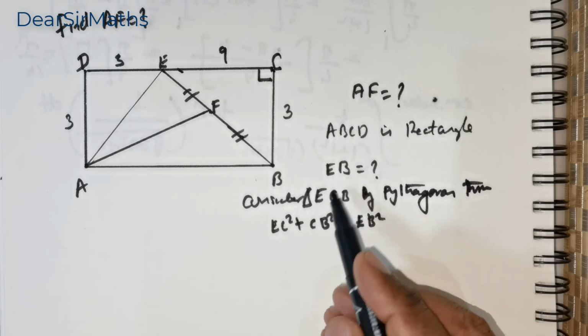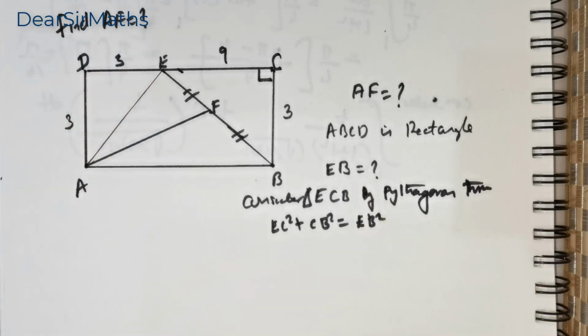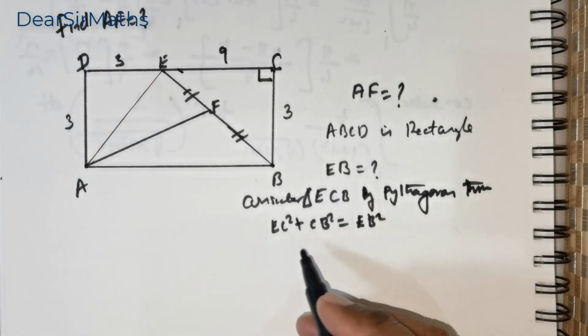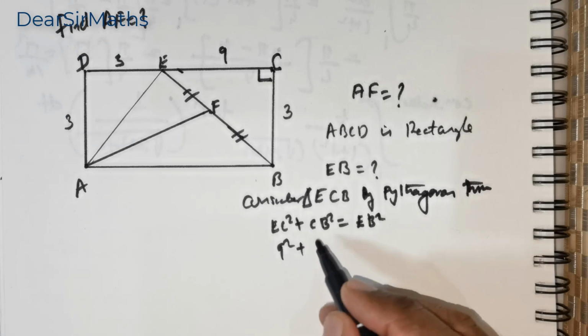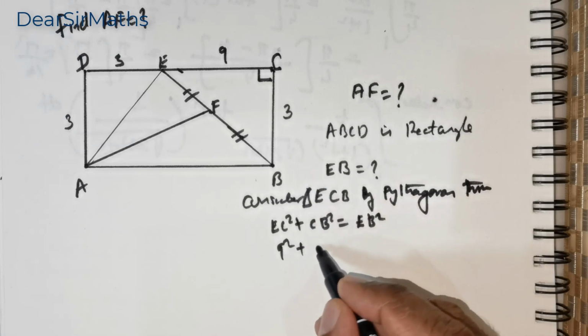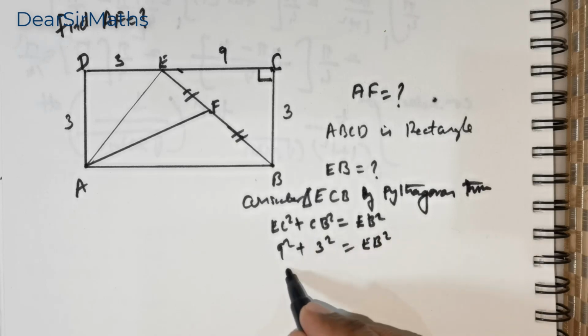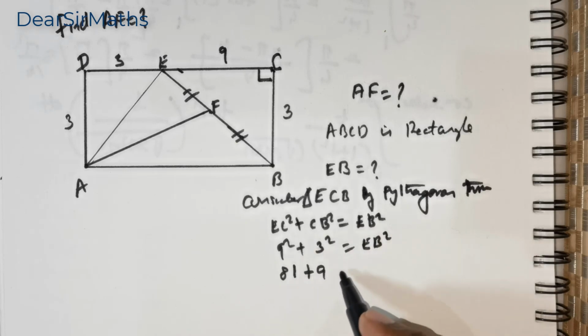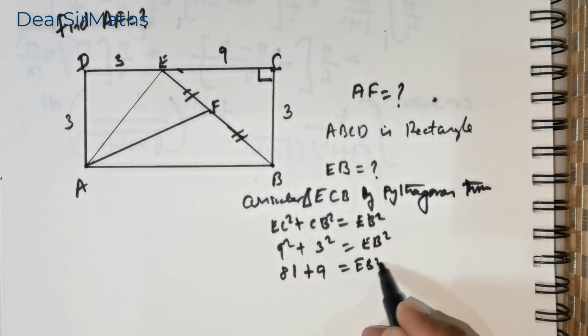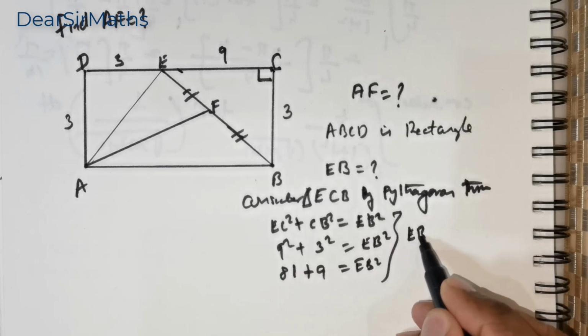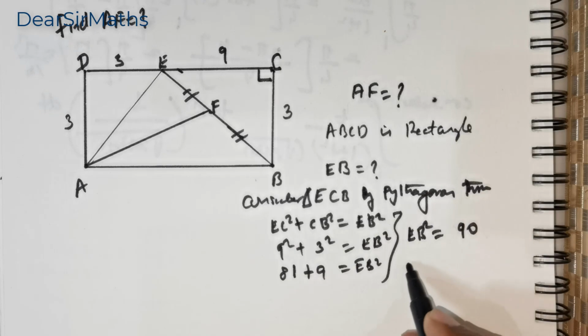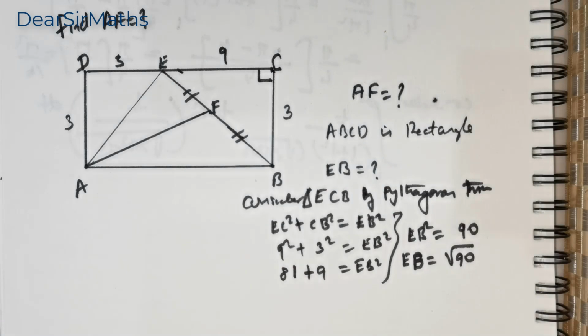As I mentioned to you, I want EB. So my EC squared is 9 squared, my CB squared is 3 squared. So 9 squared is 81, this is 9. So EB squared is 90, so EB is equal to root of 90.